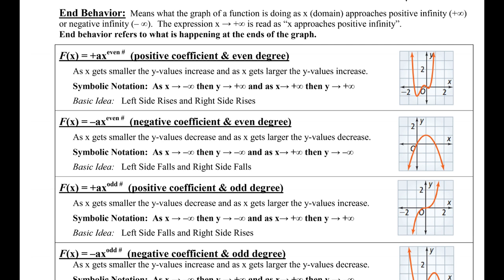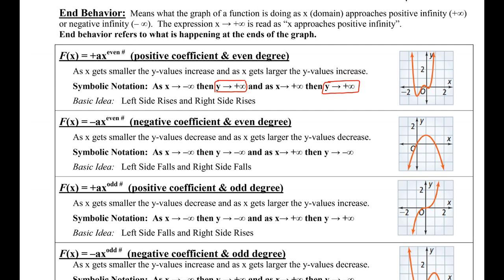In symbolic notation, you're going to have as x approaches negative infinity, then y approaches positive infinity, and as x approaches positive infinity, y approaches positive infinity. The x portion of this statement will always stay the same, only what I have boxed in red will change.